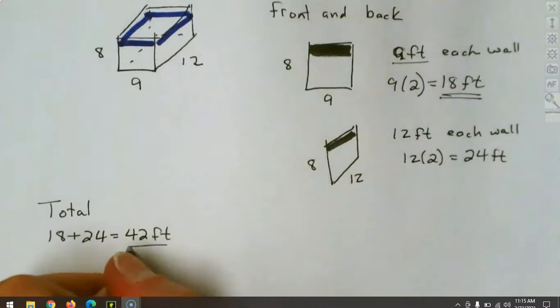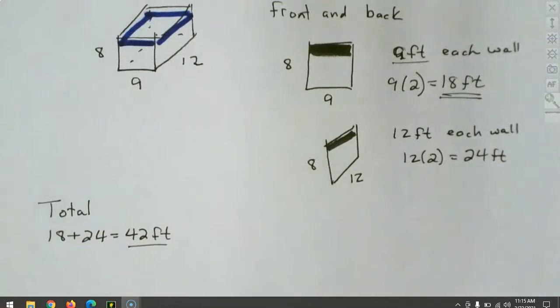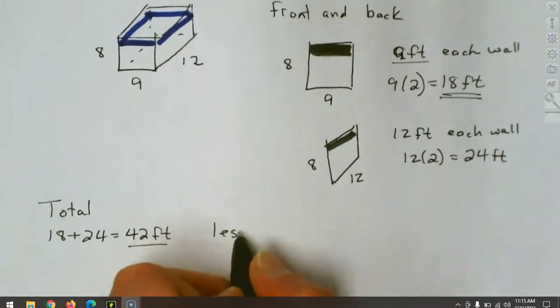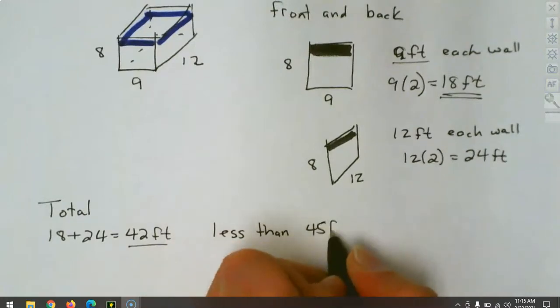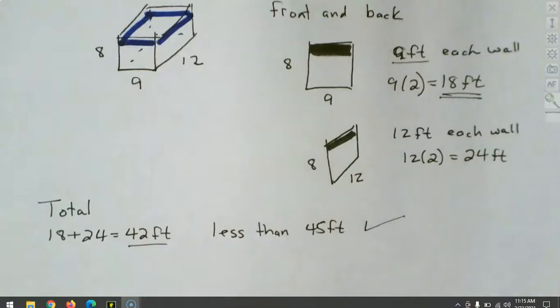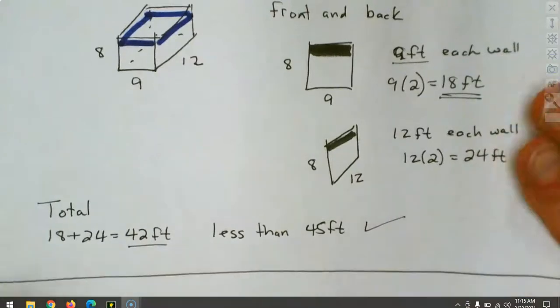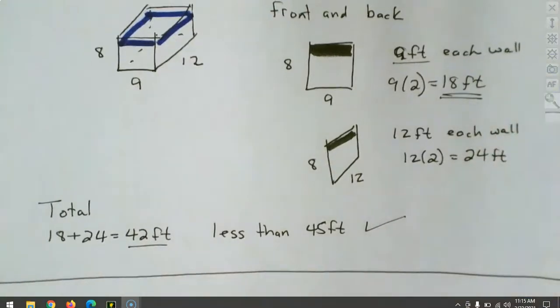Now, I can border this room because it is less than 45 feet. So, in this case, you would have Jane as one of the answers. So we need to make sure that we don't go over that 45 feet for the border, and also that we don't go over the 400 square feet for the walls.